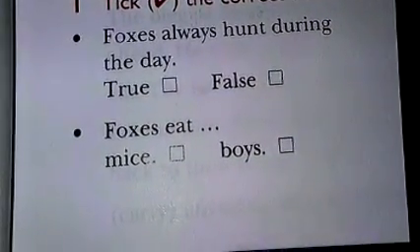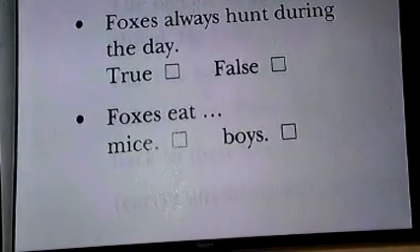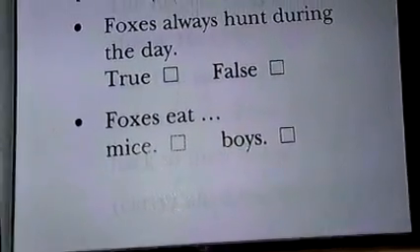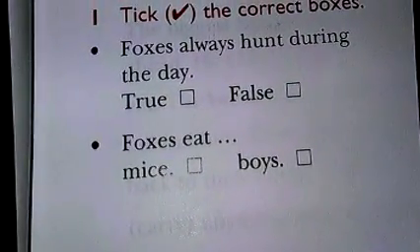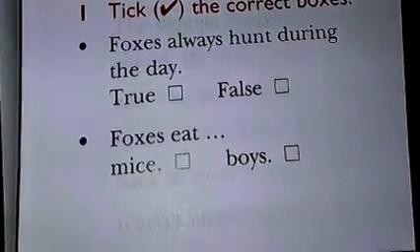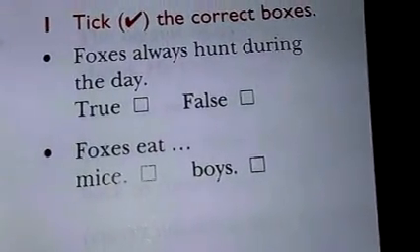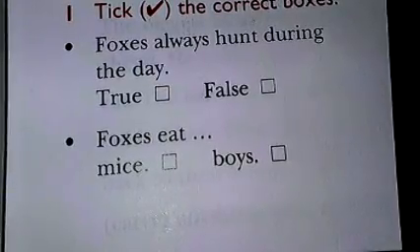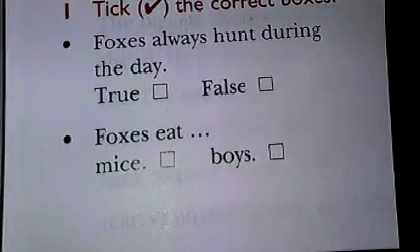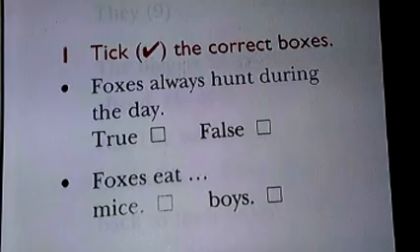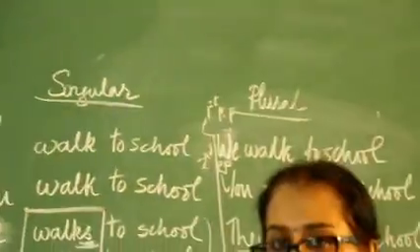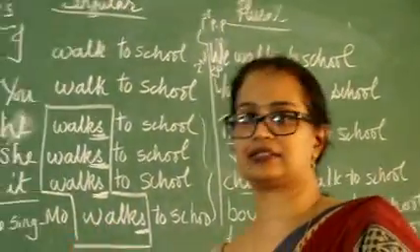It is the third person plural, and therefore you will only use the base form of the verb. It does not take the S. So foxes eat, cut off the S. Alright, fox on the other hand, what if the question was fox? Fox then eats, whereas foxes eat. Alright, now let's move on to the next slide.